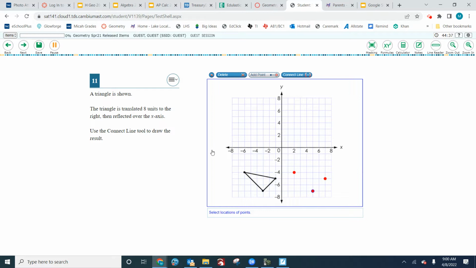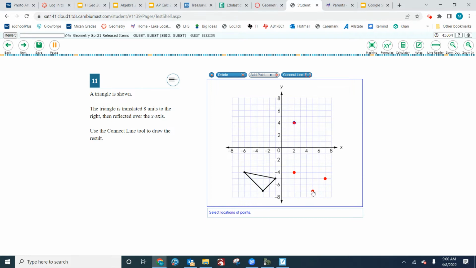All right. Now, that's not the result because then they're going to reflect it over the x-axis. And there are some rules we had to memorize. This was one of them I didn't want you to memorize, because what happens when something gets reflected over the x-axis? Do the x values change or do the y values change? Just the y's, and they become opposites, right? They become opposites. And so this point of 2, -4 is at 2, 4.